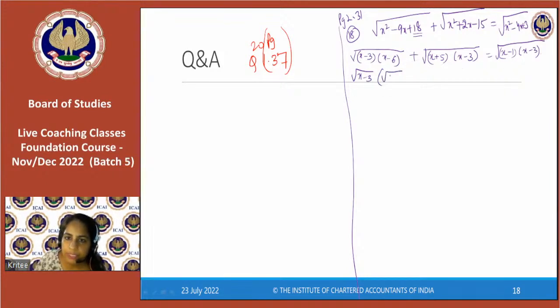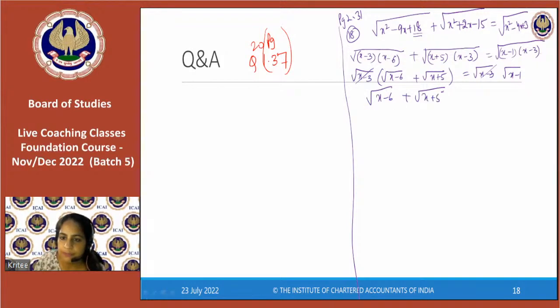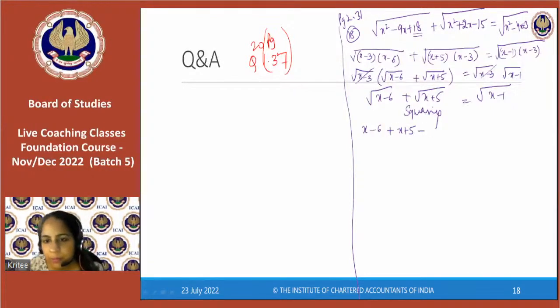So I'm left with under root of x minus 6 plus under root of x plus 5 equal to under root of x minus 1. The under root of x minus 3 cancels out. Now I am left with under root of x minus 6 plus under root of x plus 5 equal to under root of x minus 1. So squaring on both sides, you get a square plus b square plus 2ab.